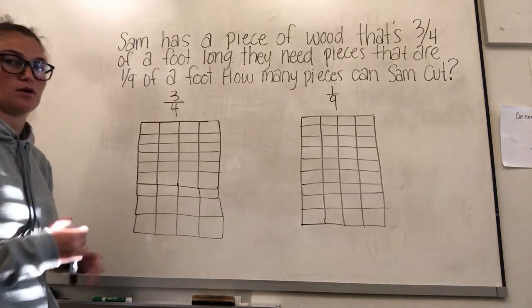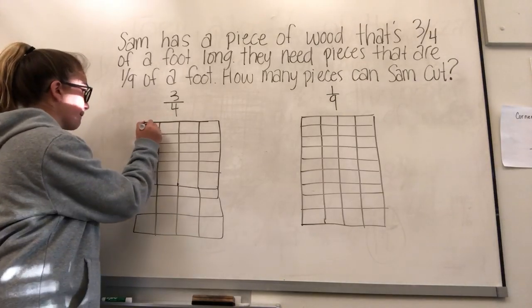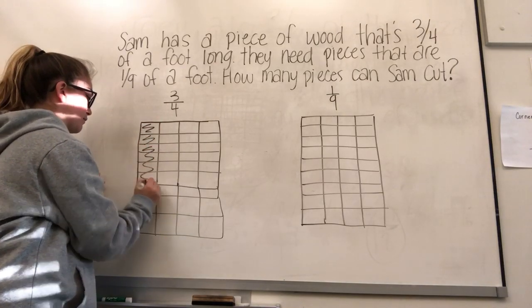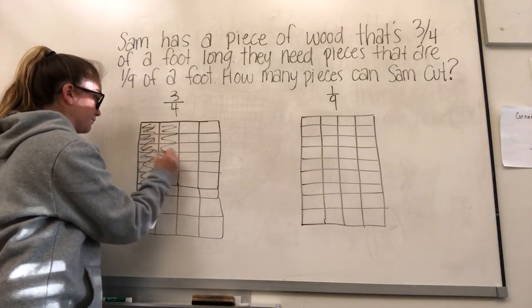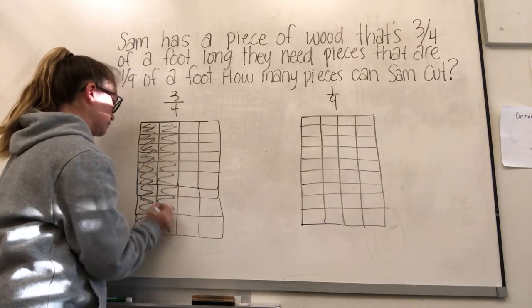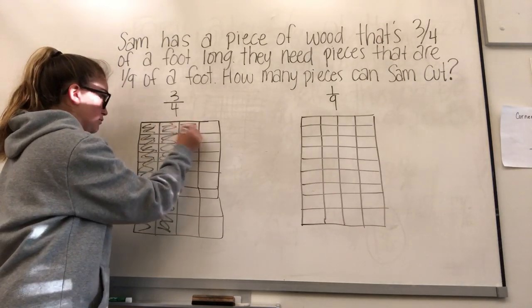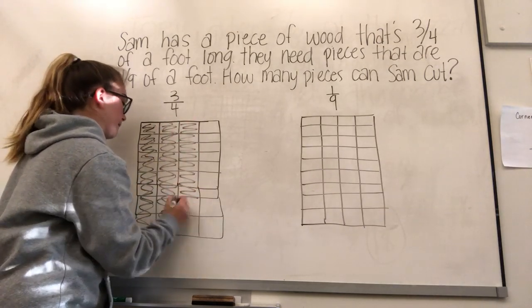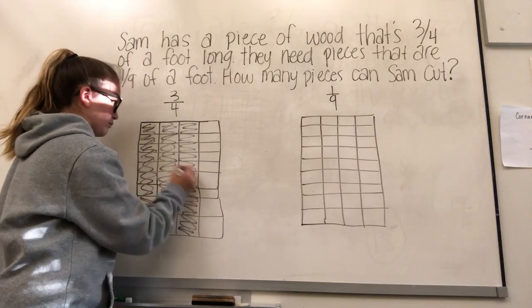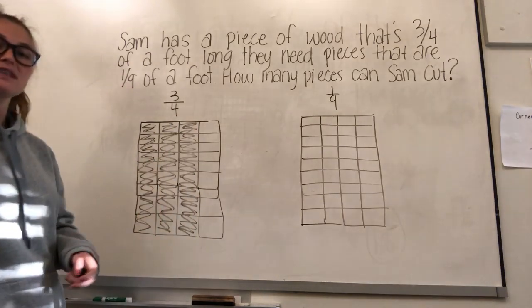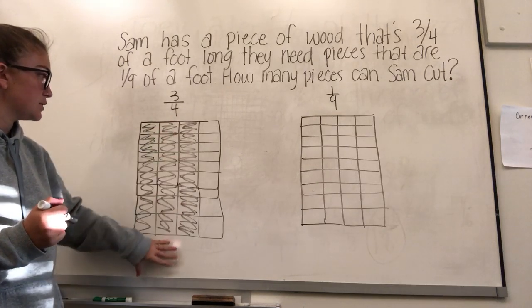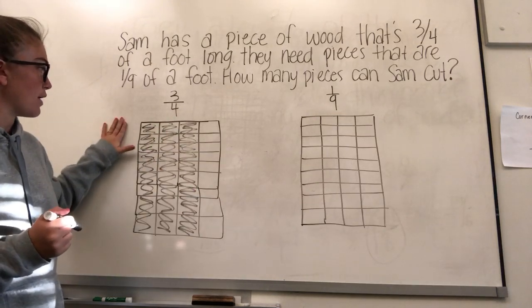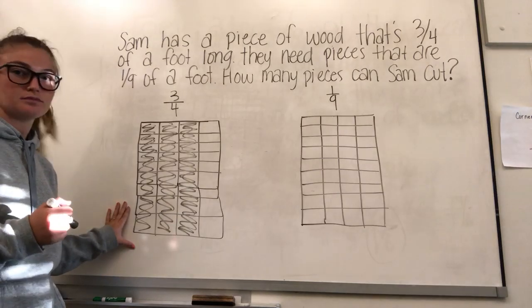So shade all the way down on your boards like me. Okay, does everyone see that? How we did 3 columns out of 4 columns. So right there, that's the 3/4.